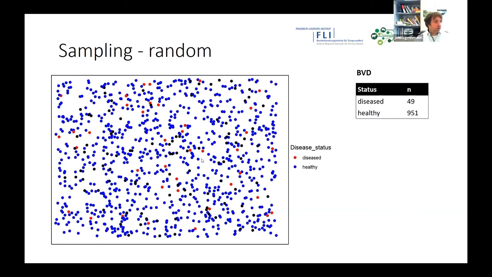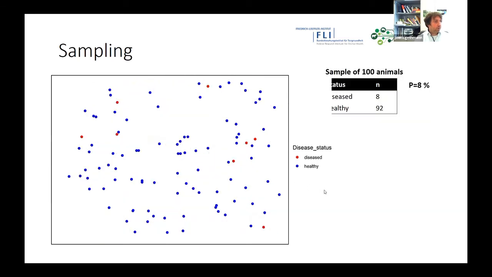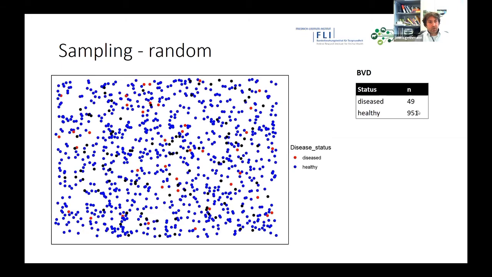I can just select some animals and I have a subset. This is my sample. From this sample, I grabbed 8 diseased and 92 healthy animals. So here you can see the prevalence is 8%, but in reality, you have seen the prevalence is about 5%.